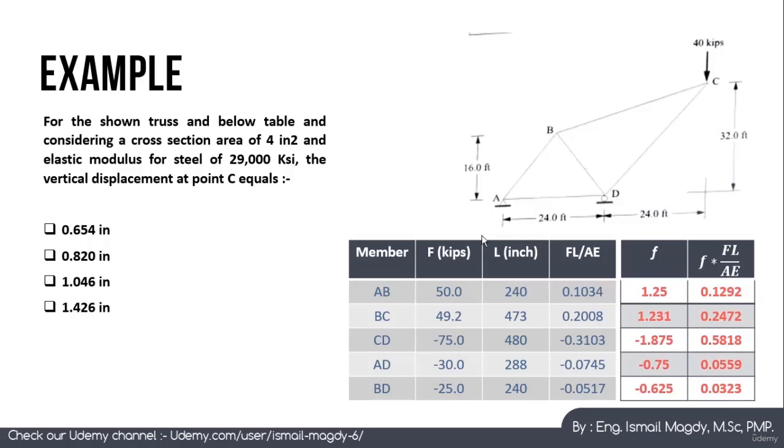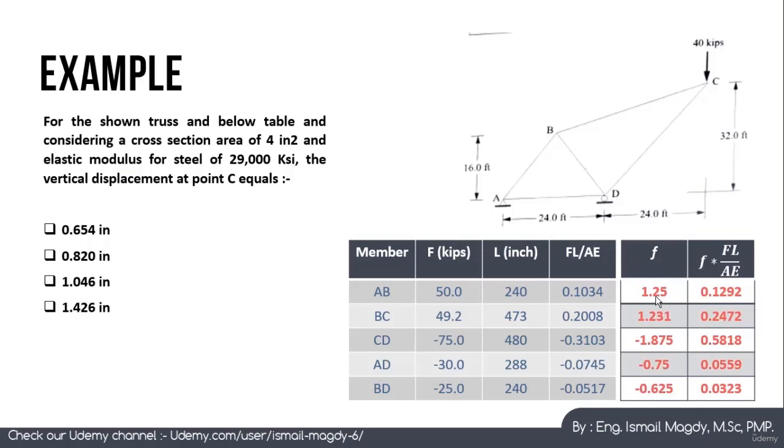Due to the 40 kips, BC had 49.2 tension force, which means that due to 1 kip, this value will be divided by 40, and you get 1.231. And the same for each one of these forces. Of course, whatever was tension stays tension, and whatever was compression stays compression. So simply, all we have done here is divide all of these values by 40, because F small is due to 1 kip, while F capital was due to 40 kips. That's how we got this F small.